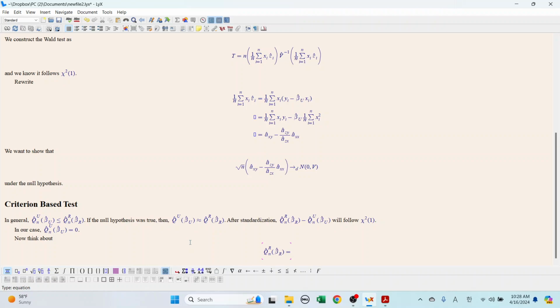In this case, let me see how we do it. You may borrow the result from the previous homework, and I deleted all the things, so I had to rewrite this.